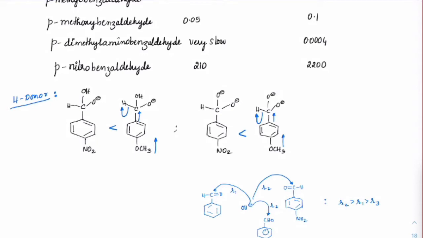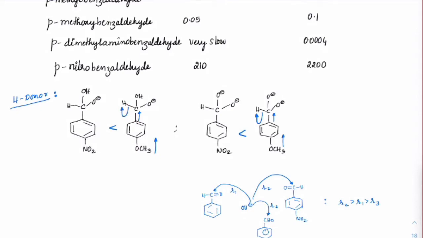If you were asked what is the rate of Cannizzaro for nitro substituted benzaldehyde or methoxy substituted benzaldehyde, then the rate would be more for this one. But if you were asked which one is a better hydride donor out of these two, then this will be the better hydride donor because it can donate electrons to carbon so that hydride can leave easily.